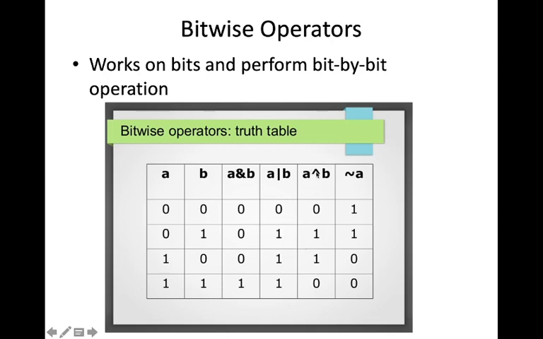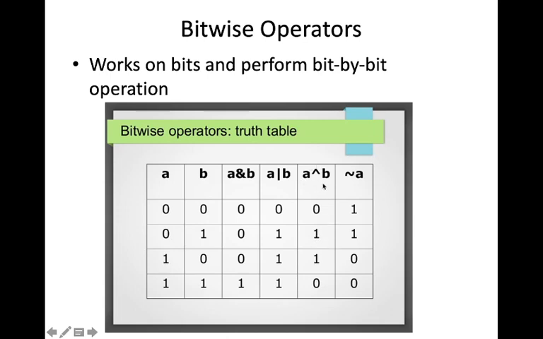In the case of XOR, it is different. We have not seen it in logical operators. This is the bitwise XOR operator. If both are 0, then it is 0. Similarly, if both are 1, it is 0. If the bits are different, then it will be 1.